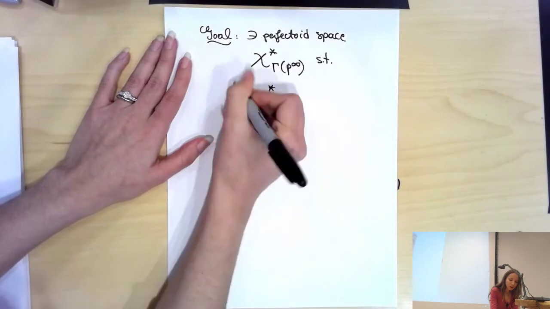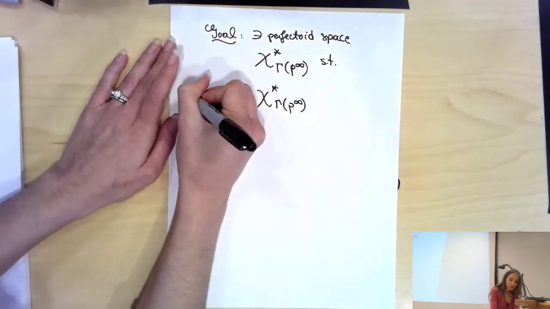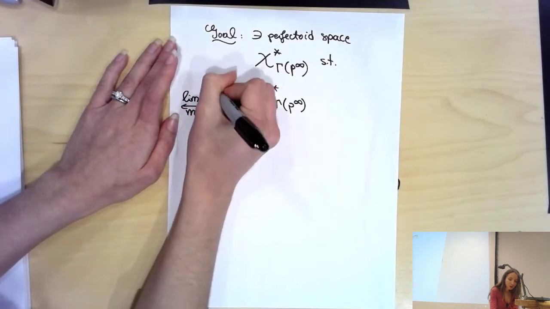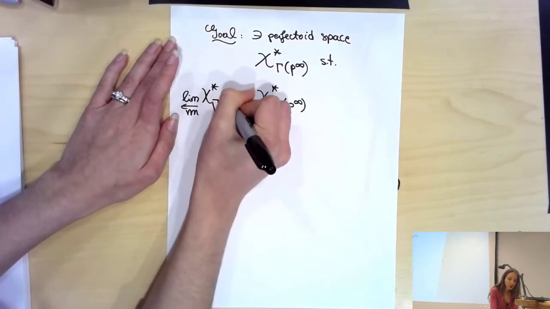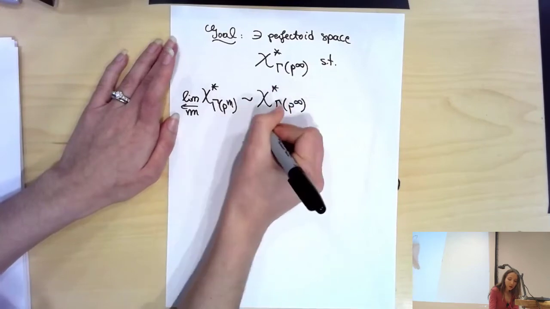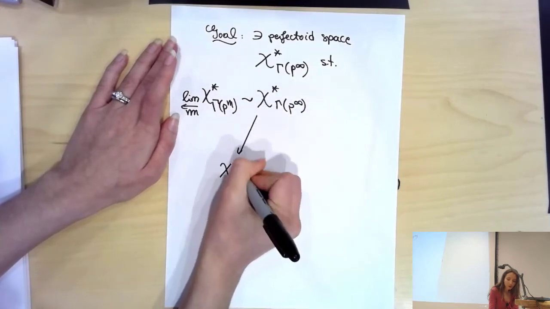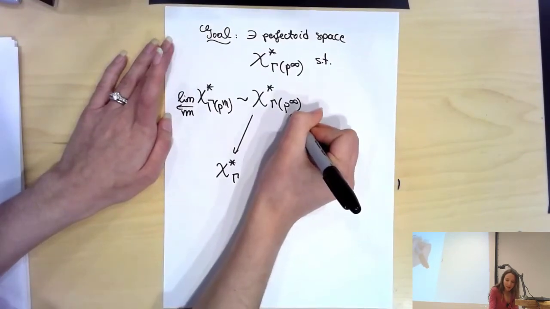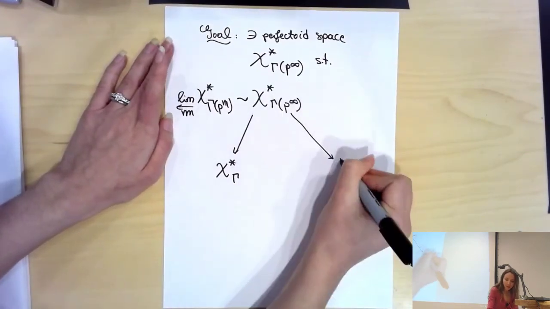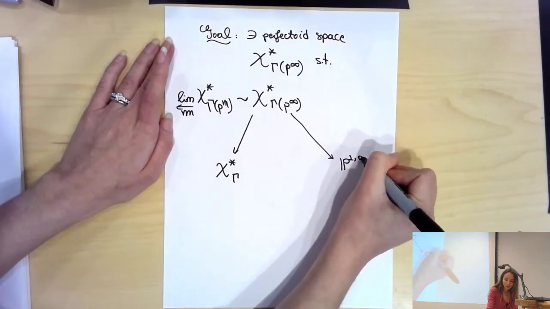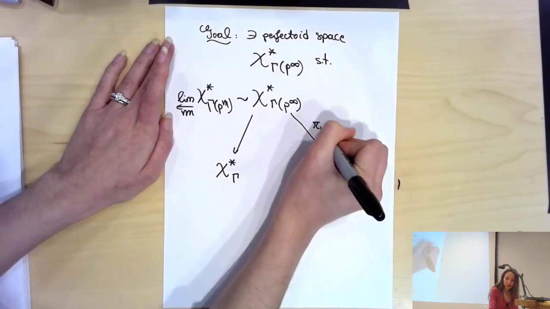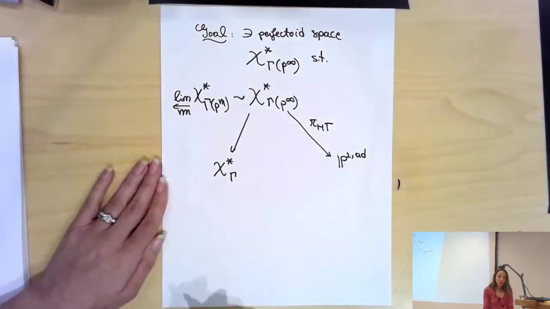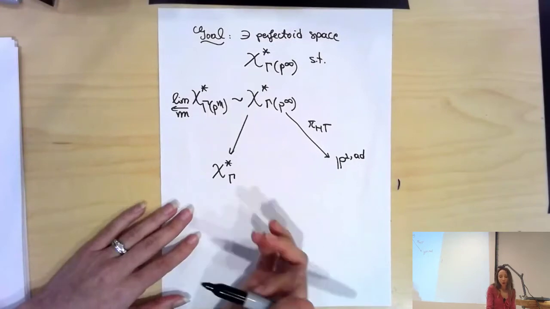For one thing, it's the inverse limit over m of X^*_{Γ(p^m)}. It covers the ground level modular curve, and it admits a map of adic spaces to projective space. This map is called the Hodge-Tate period morphism. Okay, so I want to tell you a bit about how to prove this theorem.